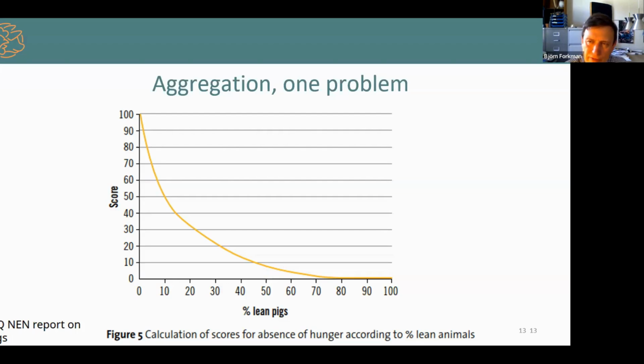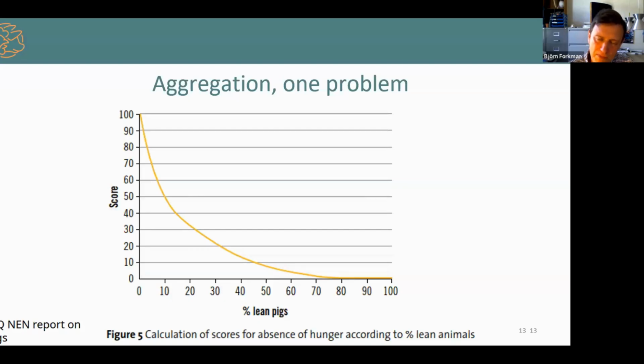And if you look at the curve, you can say, all right, so if you have, say, 10% lean pigs, that's, well, a 50% reduction in your welfare. If you have 20% lean pigs, twice as many, that means that you have only a 70% reduction of your welfare.